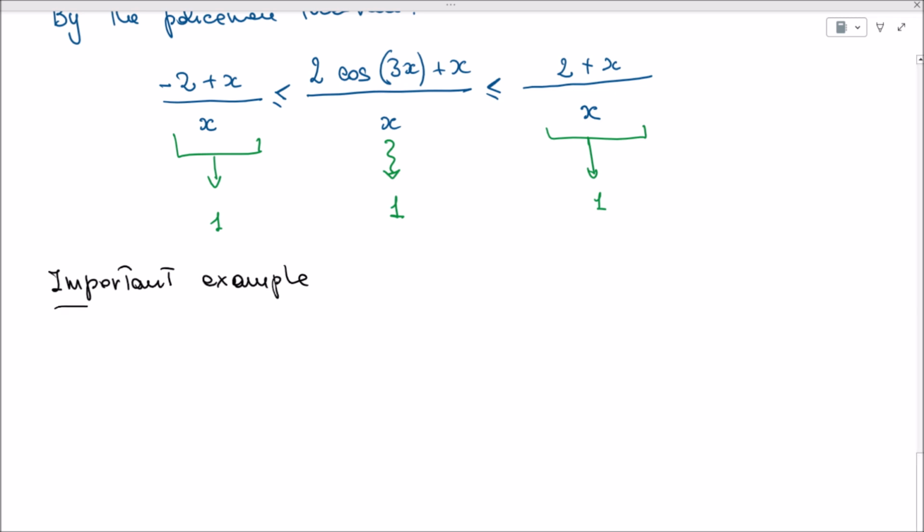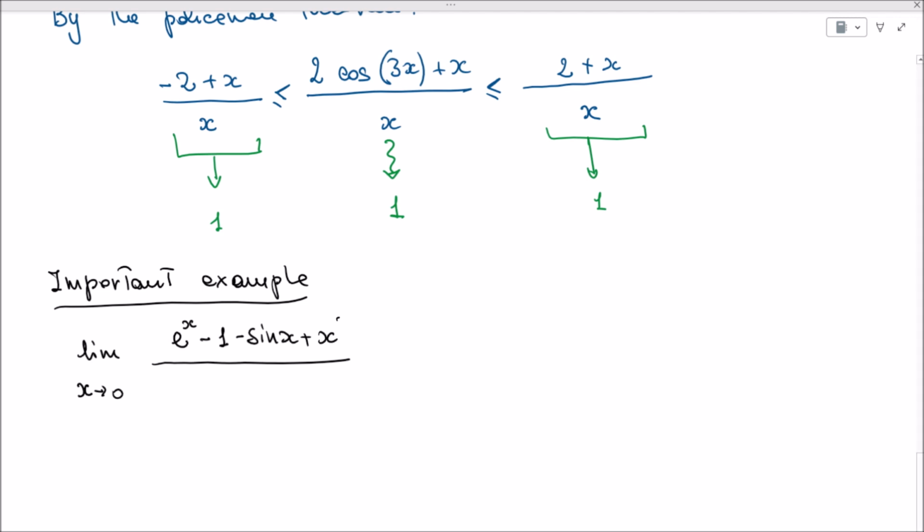Let's consider this limit. Limit as x goes to 0 of e to the x minus 1 minus sine of x plus x squared, all divided by sine square of x.